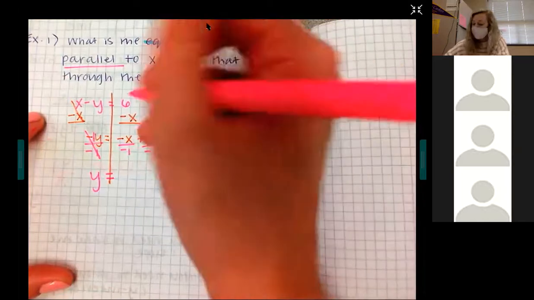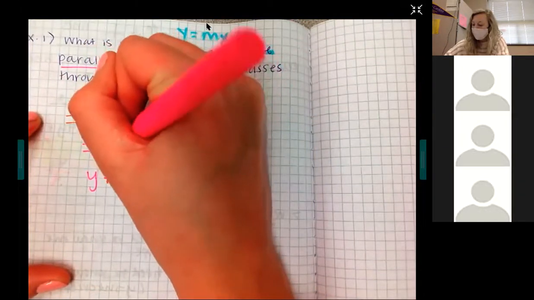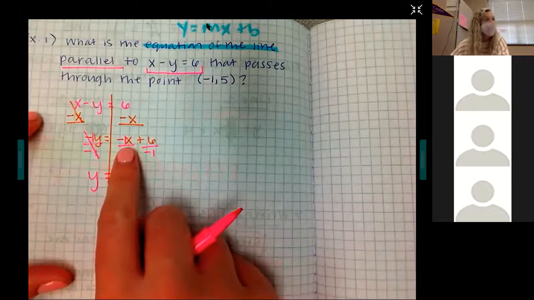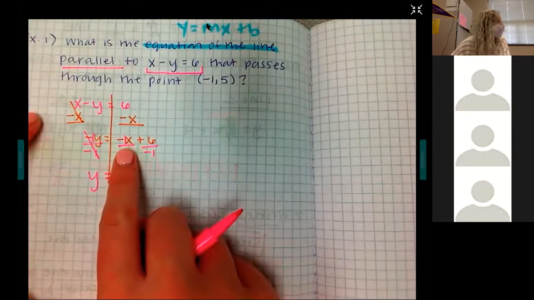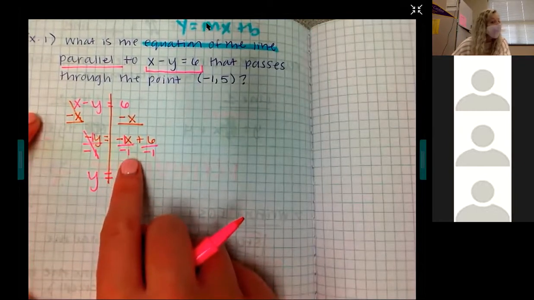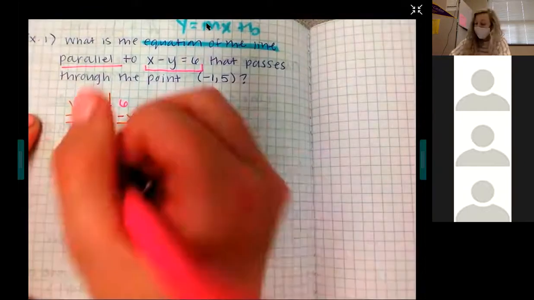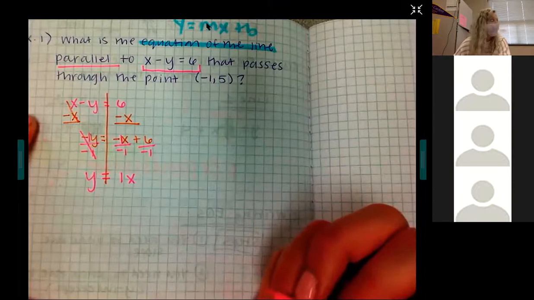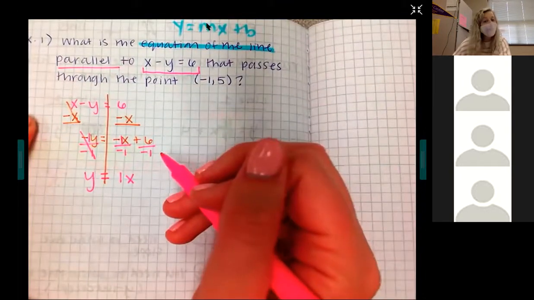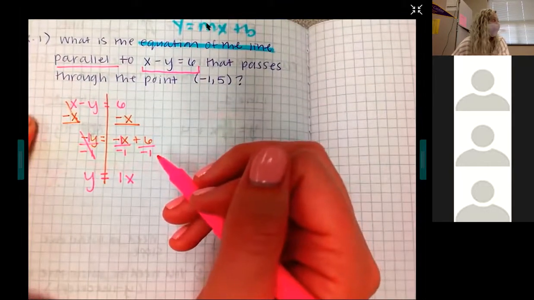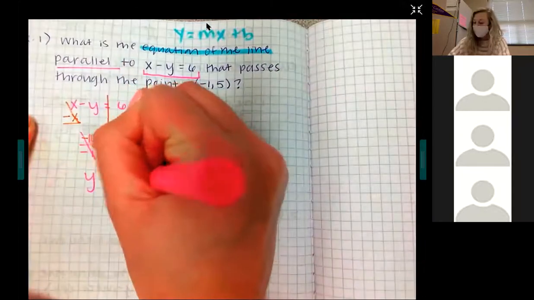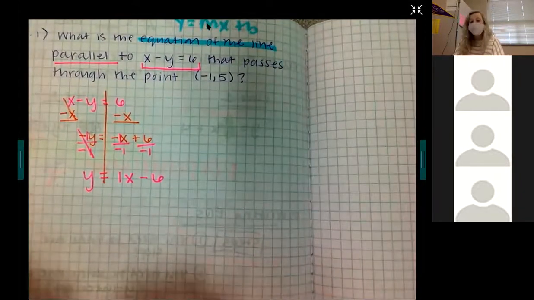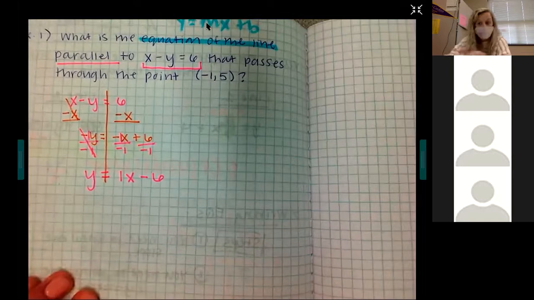And remember, if there's no number in front of the variable, it's an understood 1. So what's negative 1 divided by negative 1? Positive 1x. What is positive 6 divided by negative 1? Negative 6. So that is the line that they gave us.